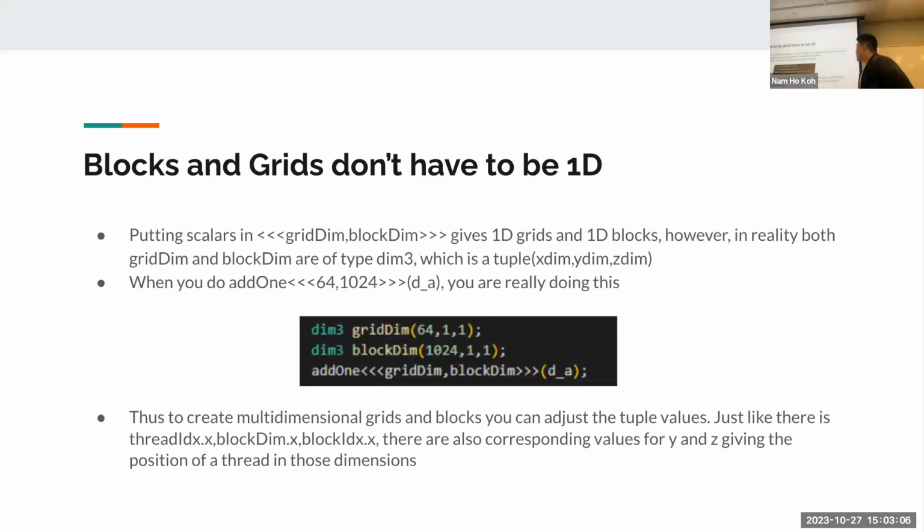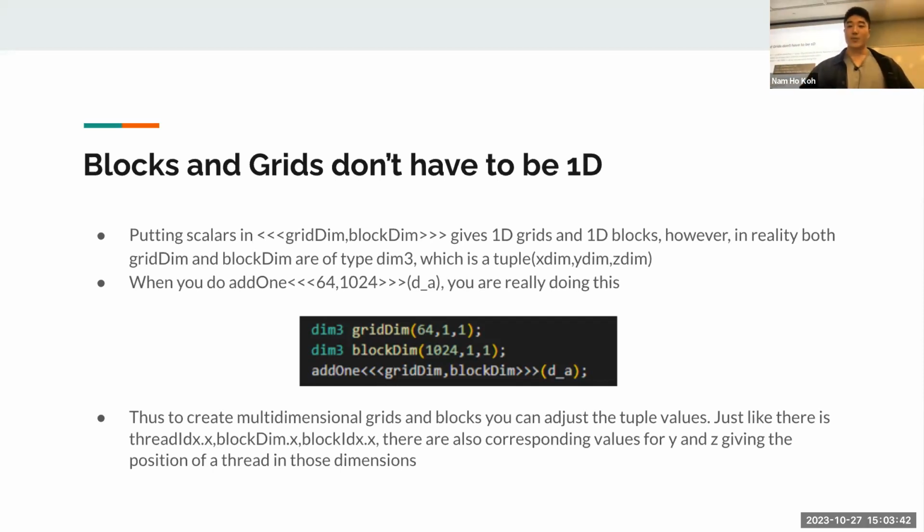Now, going more into the data type of the kernel. As you just saw, blocks and grids don't have to be 1D. So we're using what we call a dim3 data type. A dim3 is just a tuple, a 3D structure of X, Y, and Z. If you want to create it, for instance, 64 and 1024, what this means is in your kernel function, each grid will have 64 blocks, and each block will have 1024 threads, okay?